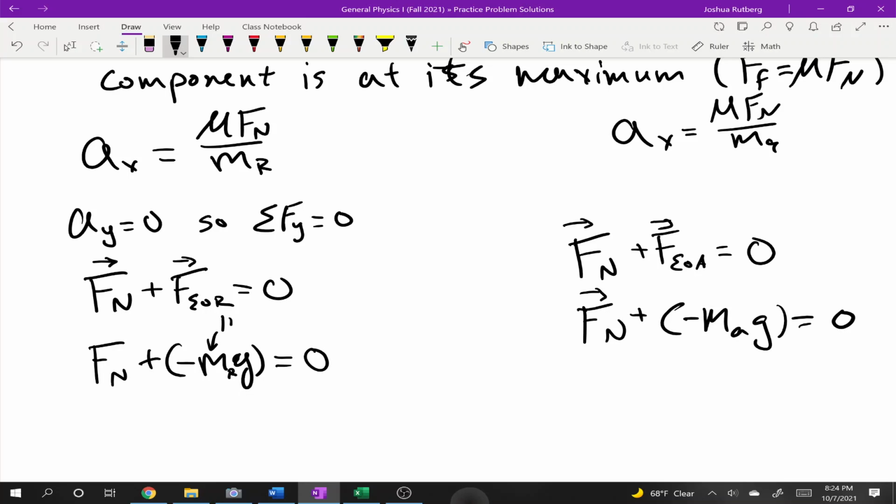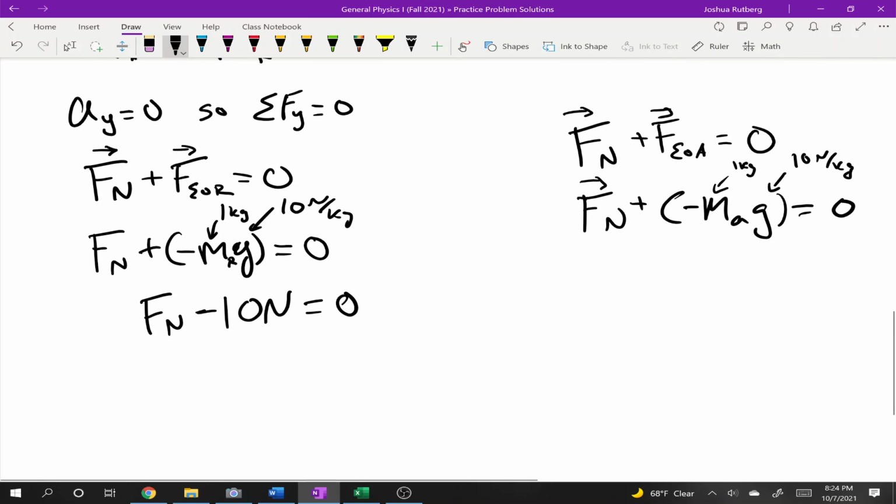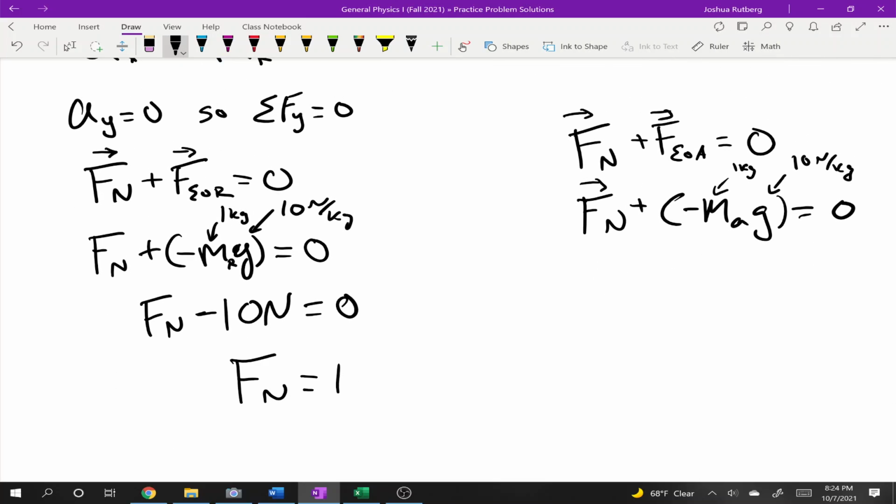This is 1 kilogram, this is 10 newtons per kilogram. This is 1 kilogram, this is 10 newtons per kilogram. So the normal minus 10 newtons is equal to 0. So for both of them, the normal component is positive 10 newtons. That makes sense because we expect the force to go upwards.